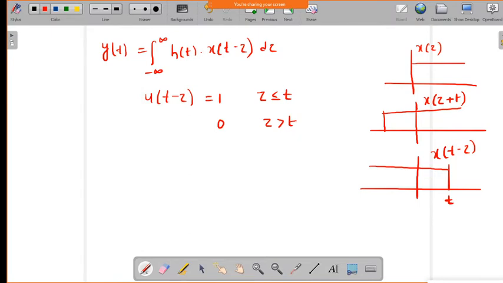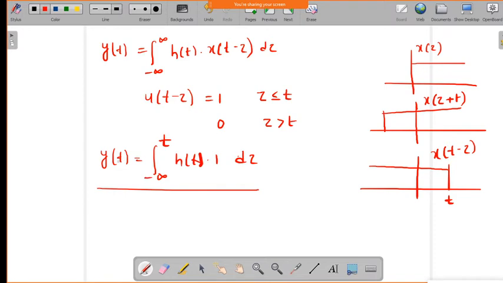So, now if you substitute here, you will get y of t, which is nothing but the integral from minus infinity to t of h of t into 1 into d tau. So, this is the output of the system when the unit step is given as the input signal.